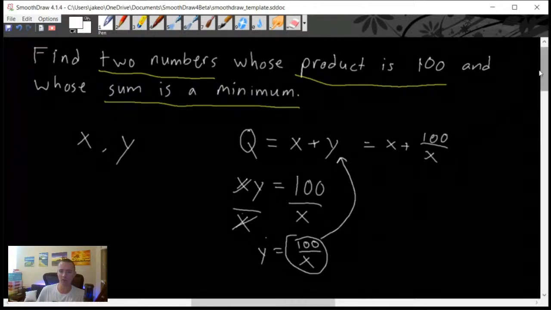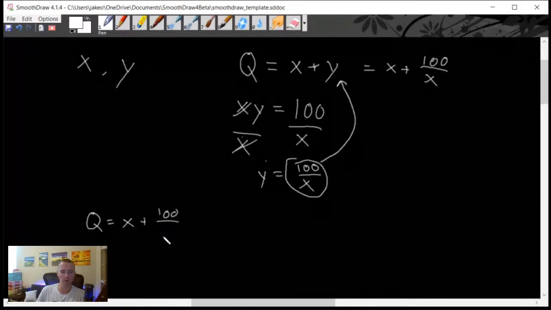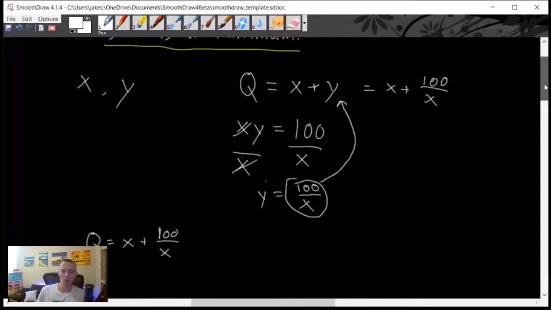So now we have this other equation, q equals x plus 100 over x. And this is kind of our new optimization equation. This is the new equation that we want to optimize.